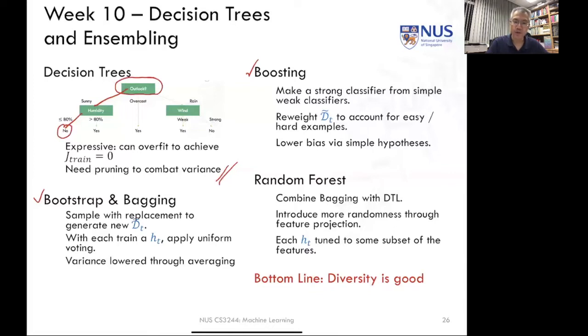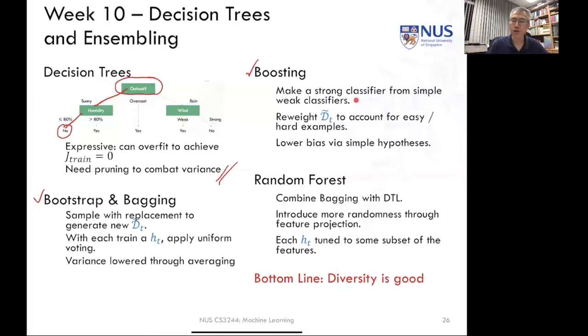Instead of doing bootstrapping, where we randomly pick another data set through sampling with replacement, we could actually make the data sets better by trying to address some of the shortcomings of the previous classification. That was the idea behind boosting.